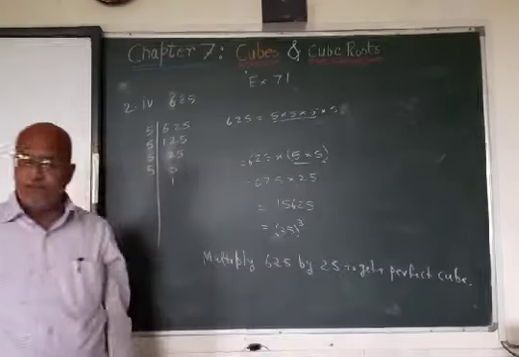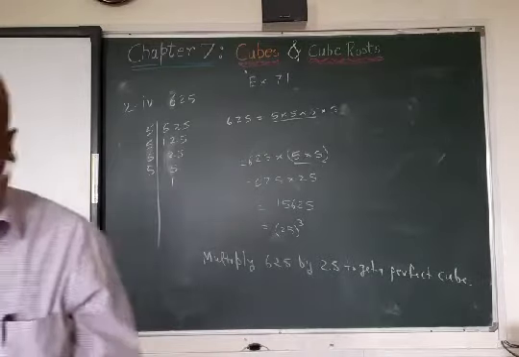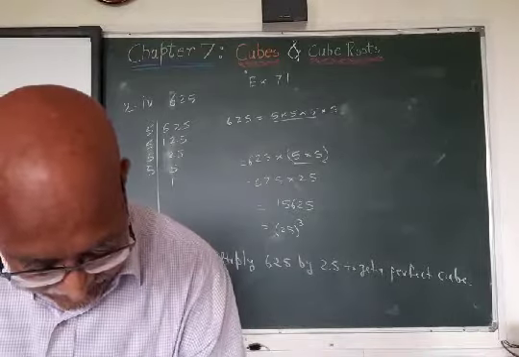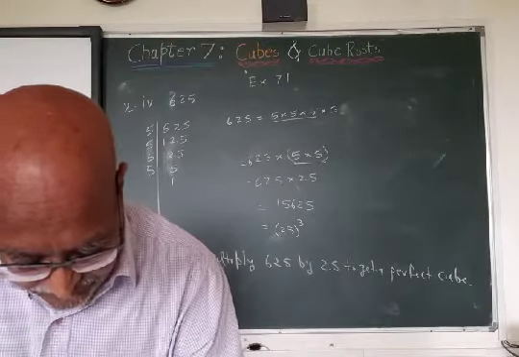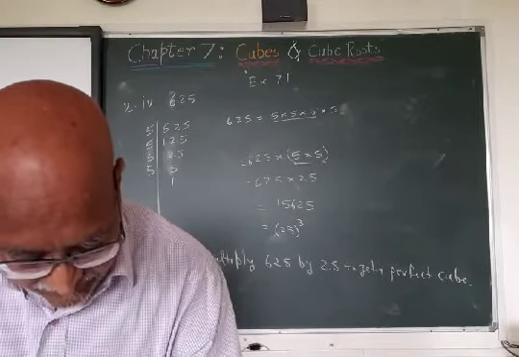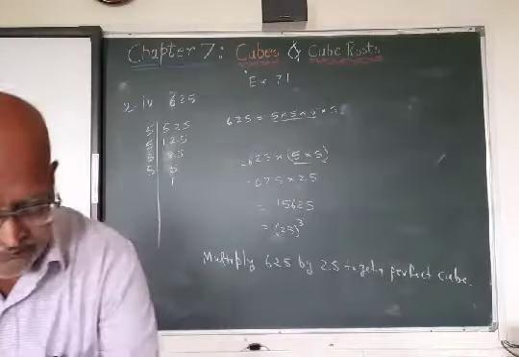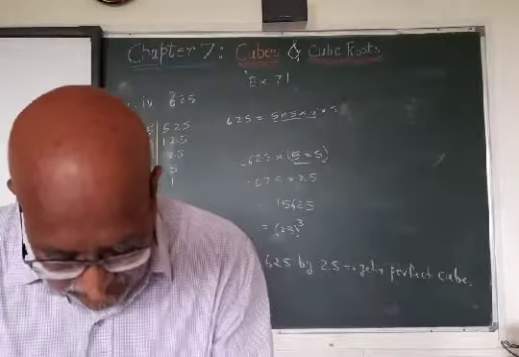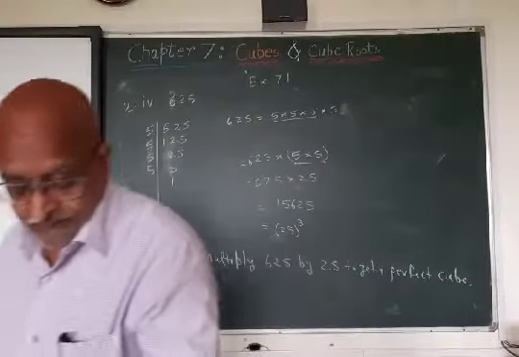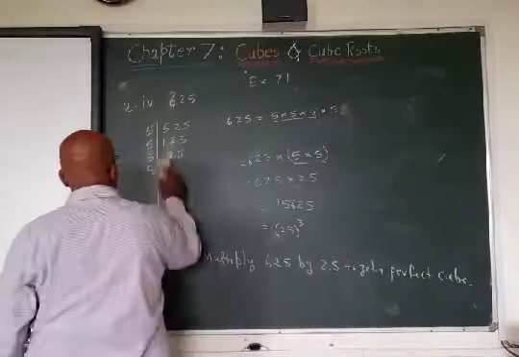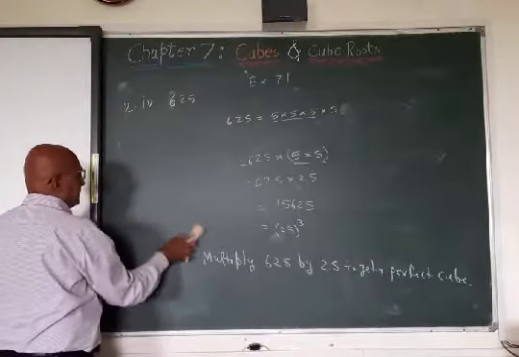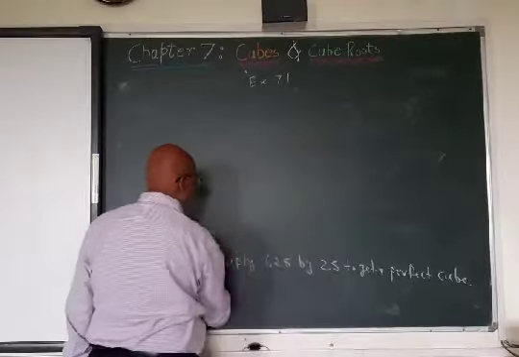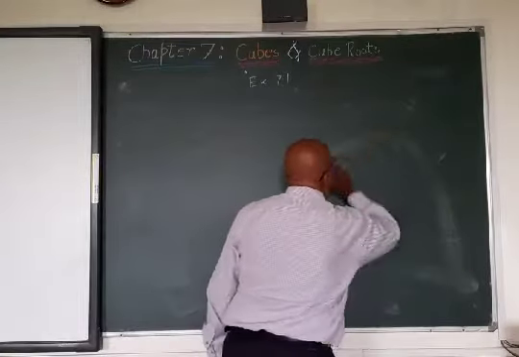So this is the way you will solve the numerical. Find the smallest number by which each of the following number must be divided to obtain the perfect cube. Now here the procedure is the same. You have to find the prime factors of the number, and then which is the extra prime factor, by that only you have to divide to get a perfect cube.